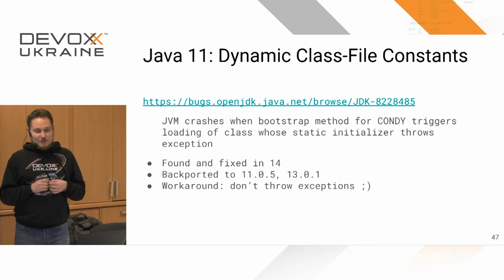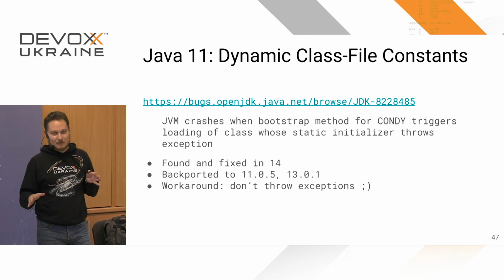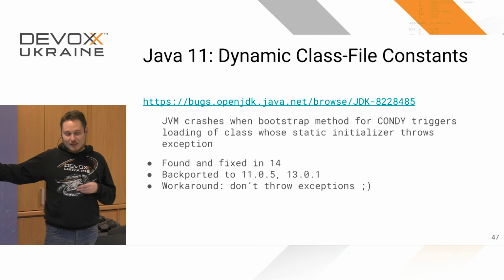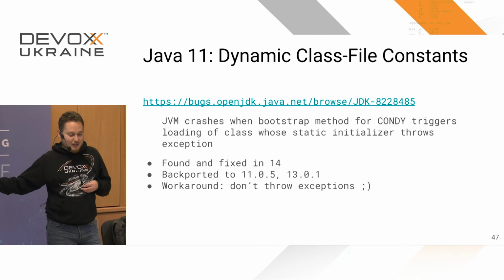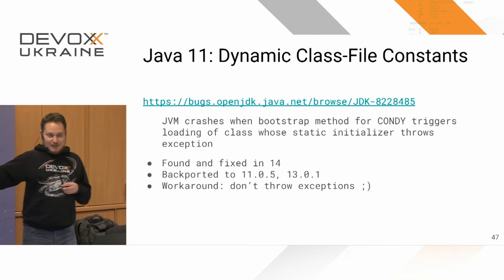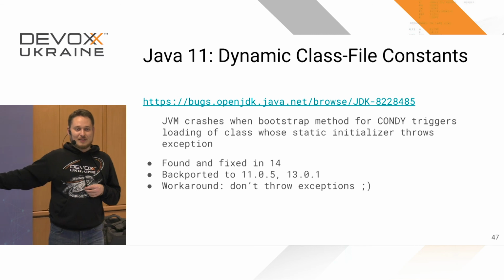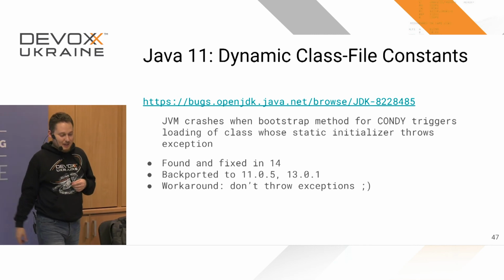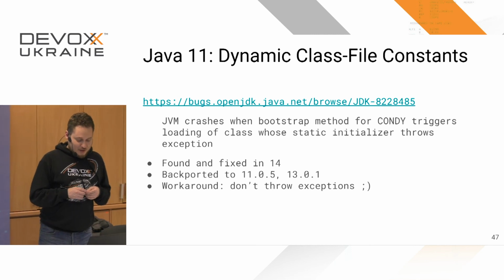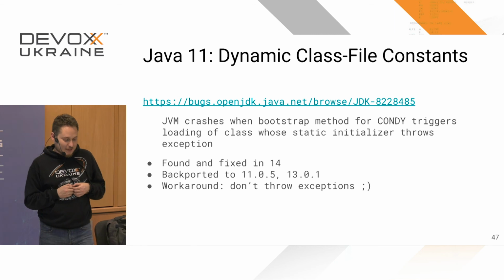Again, found in 14, backported to 11 and 13, not 12. This is, by the way, a nice sign of what you should be using and what not: either the latest LTSs or the latest. Nothing in between exists. They are just intermediate versions, with nothing backported to them. The workaround was simple for us: don't throw exceptions. That works.